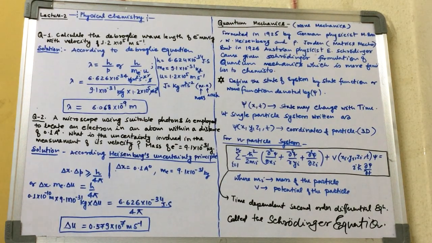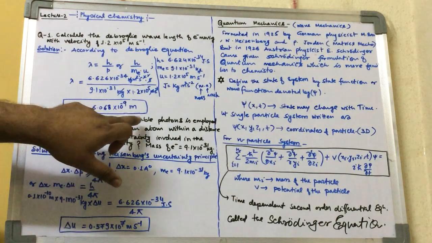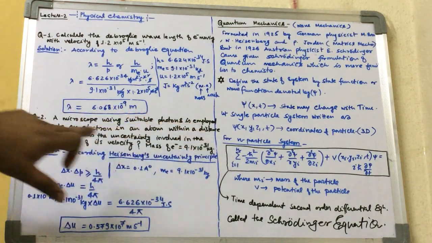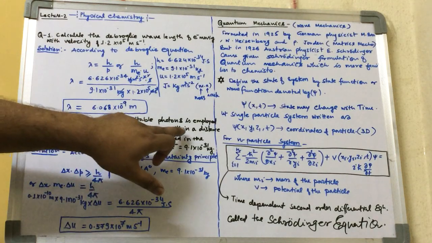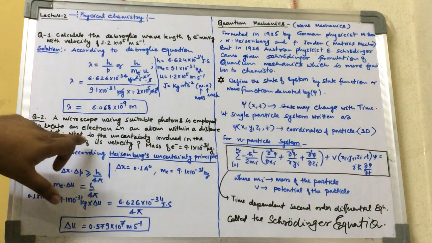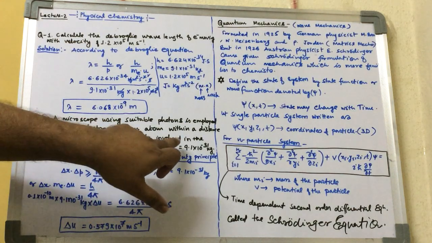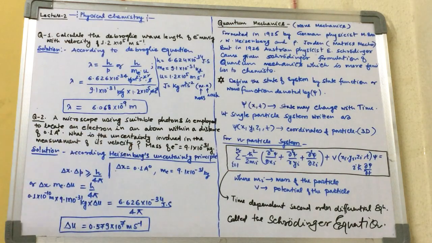The question is: if a microscope using suitable photons is employed to locate an electron in an atom within a distance of 0.1 angstrom, what is the uncertainty involved in the measurement of its velocity?